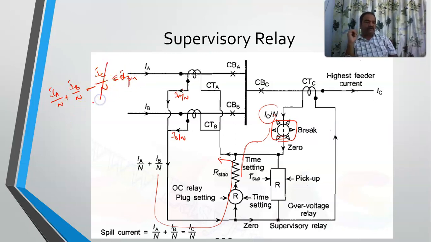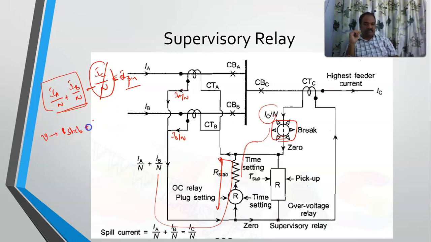But if it becomes 0, this value is not going to be less than IPU, your relay will give an alarm, isn't it? And because of the loss of this current, there is a voltage drop which is being developed across this circuit, because there is a current flowing, right? So there is a voltage which is being developed across the stabilizing resistance and relay resistance. Why is it being developed?